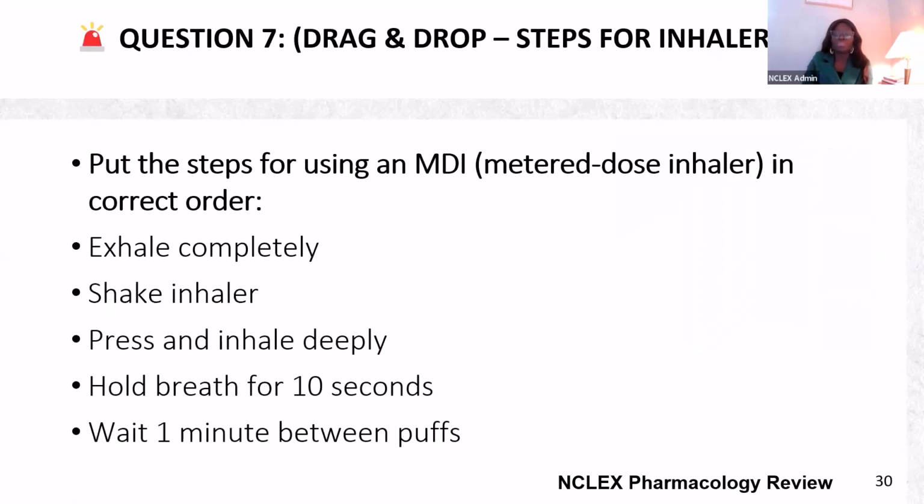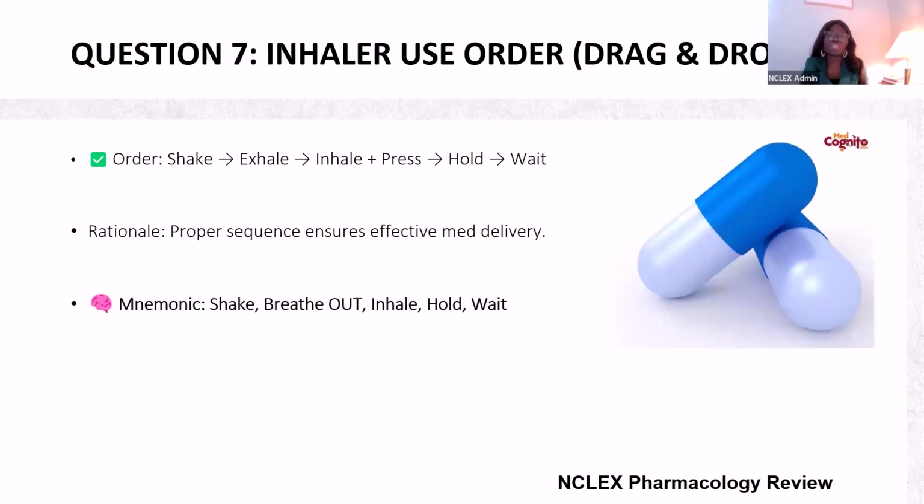Then hold breath for 10 seconds. That's the last but one, the holding of the breath. Then you wait 1 minute between the puffs. So shake, exhale completely, press and inhale deeply, hold breath for 10 seconds, then wait 1 minute between the puffs. That is the correct order.